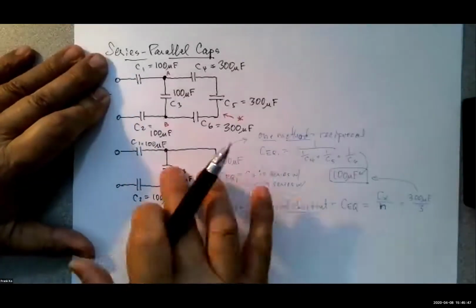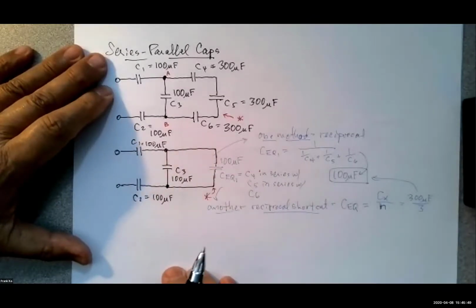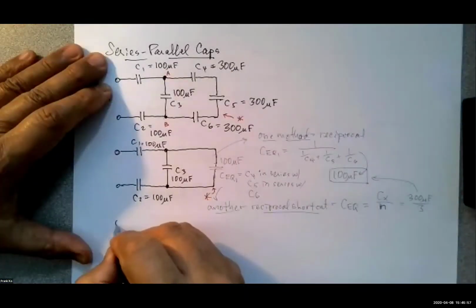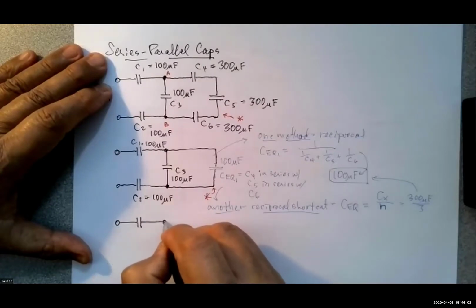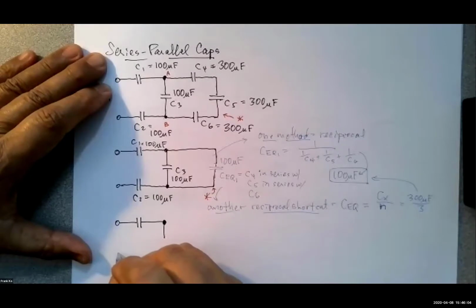Parallel. They look like they're in parallel. So could we combine these into another equivalent capacitance? Yep. And when you go to do so, let's bring in my tap here and bring this guy here.